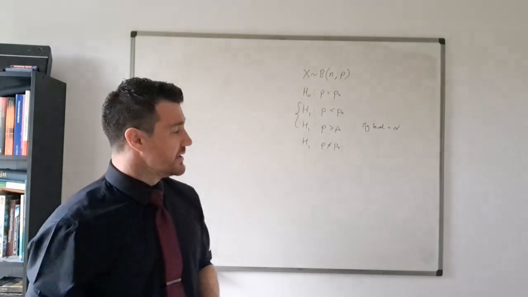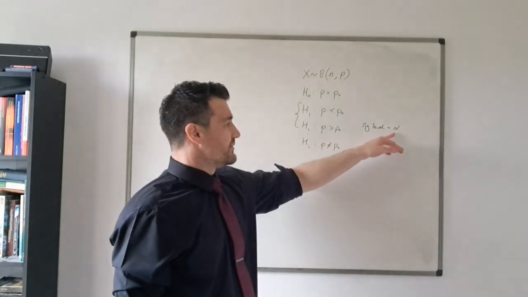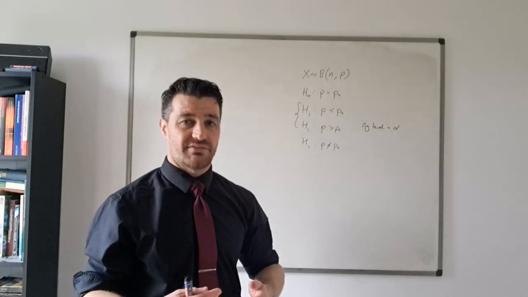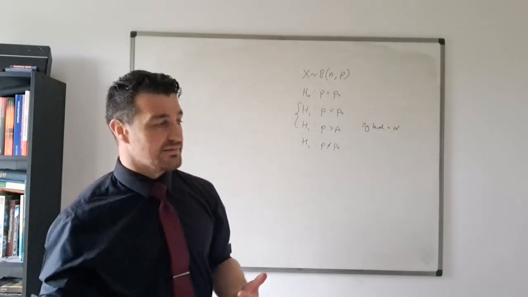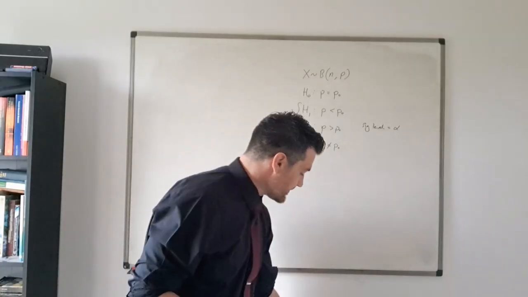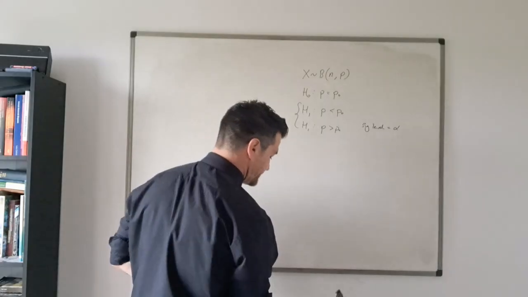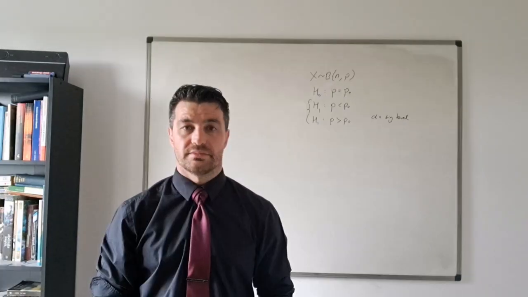It makes them a little less fiddly. So instead of a 5% significance level, we're going to express it as 0.05. And without further ado, let's get stuck in.